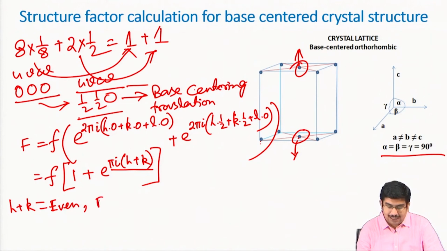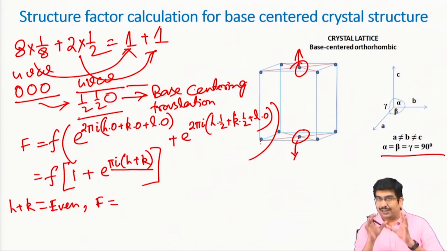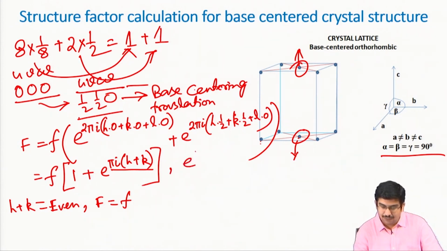We know that e to the n pi i equals minus 1 raised to the power n.